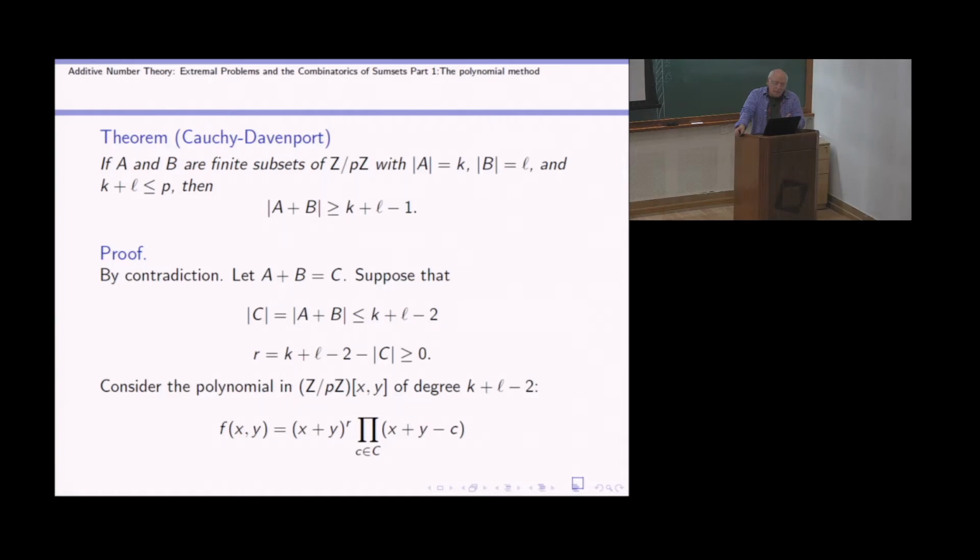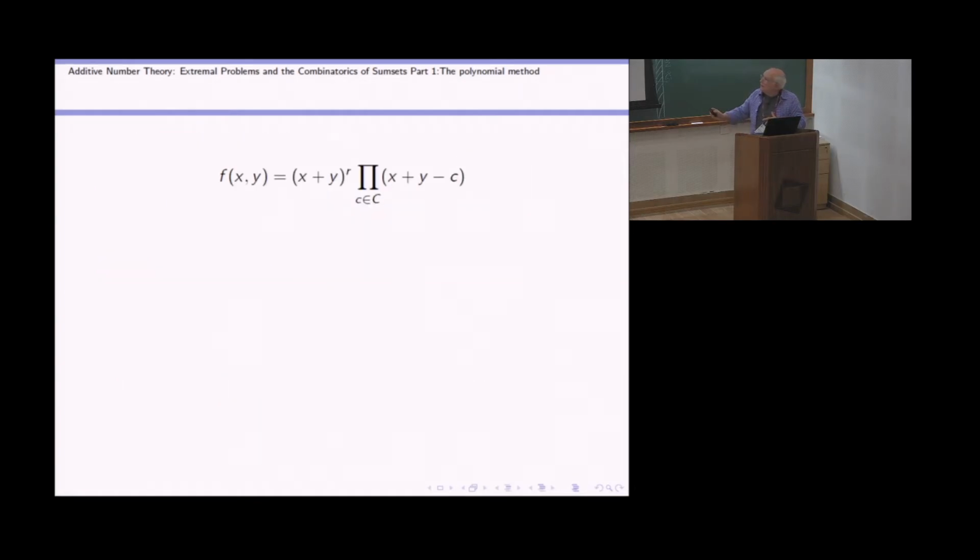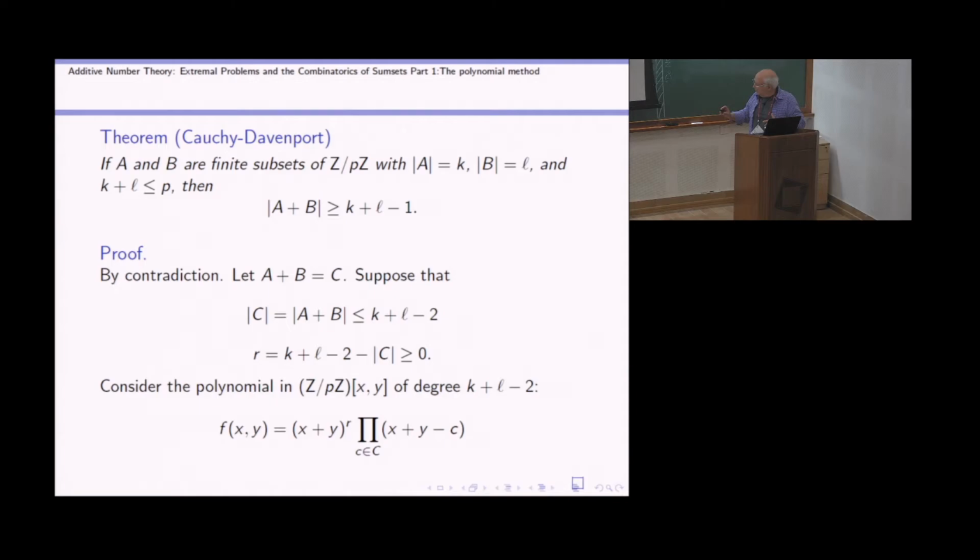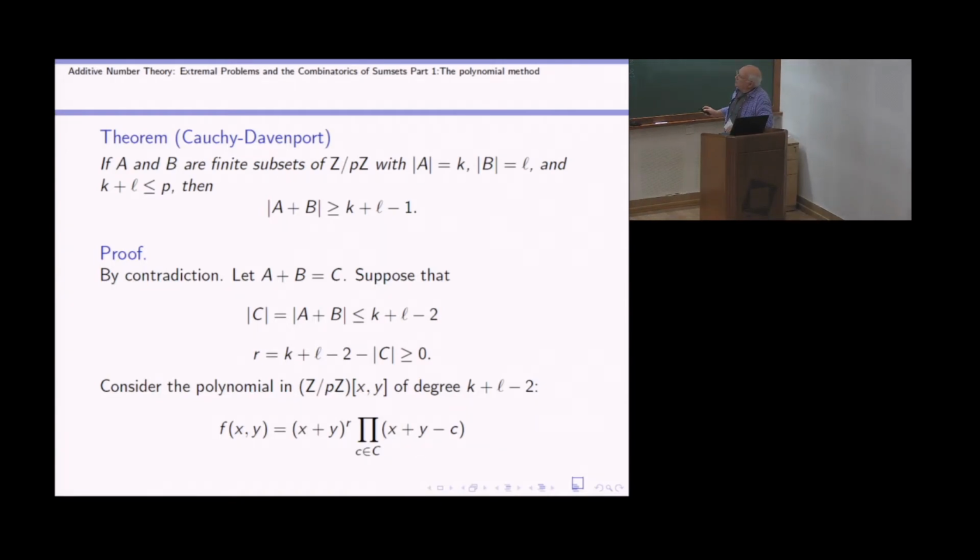And we want to prove the inequality that the size of A plus B is at least K plus L minus 1. So the proof is by contradiction. Call C the sum set. And suppose the sum set has at most K plus L minus 2 elements. So R, which is K plus L minus 2 minus the size of C, is some non-negative integer.